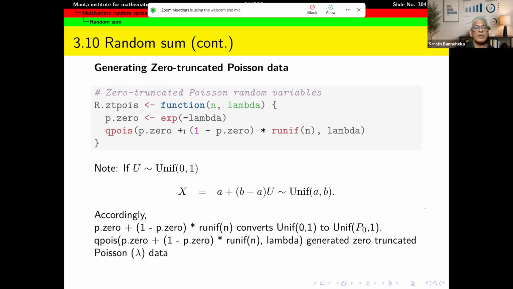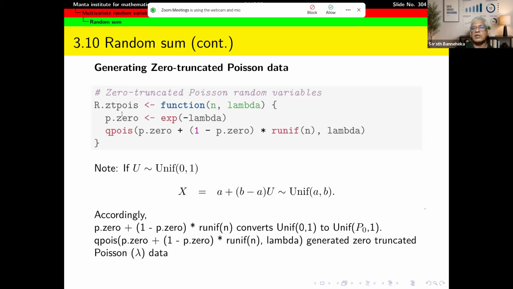So by calculating quantile points of those probabilities with the lambda Poisson distribution, I have removed the possibility of getting 0 as a possible value. Those values will not include 0, and therefore these values can be considered as coming from a truncated Poisson distribution with 0 truncated values. So that is the first step.